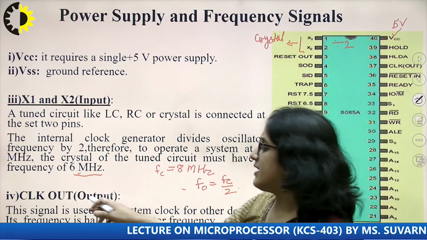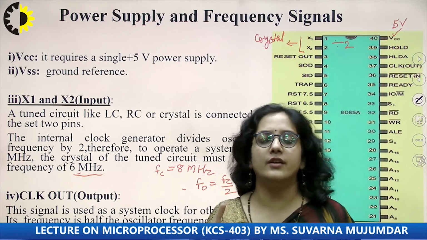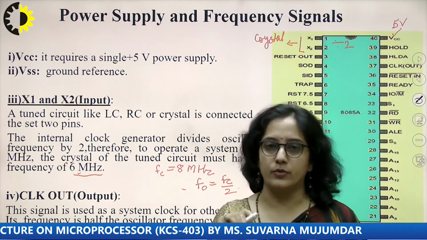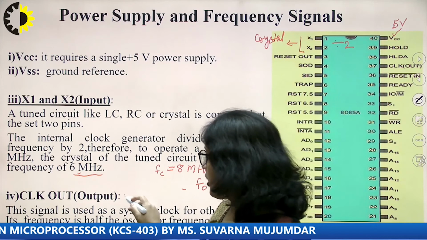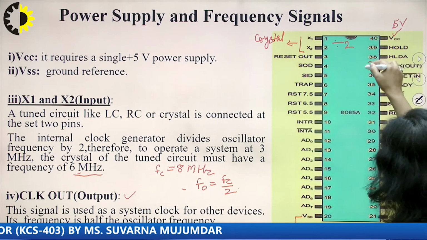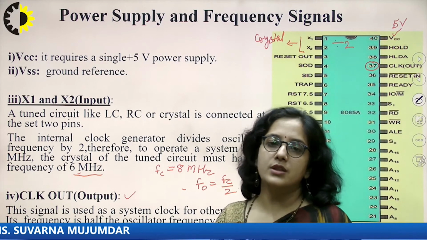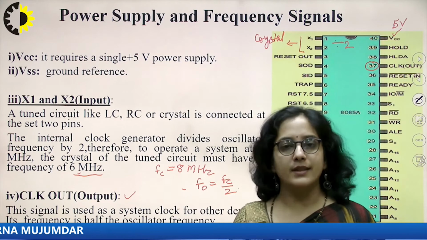The next is clock output. These X1 and X2 pins are used to give a clock signal to the microprocessor, and this clock out signal, I can find it here, this 37th pin. So, this 37th pin is used as a source for another device.